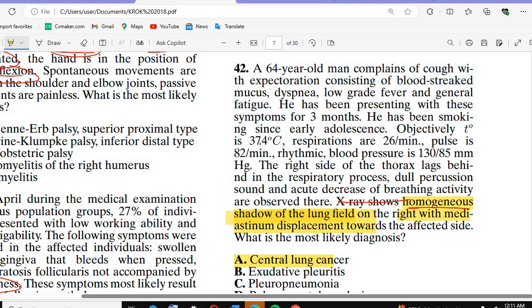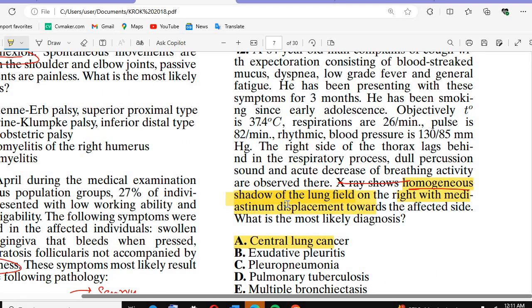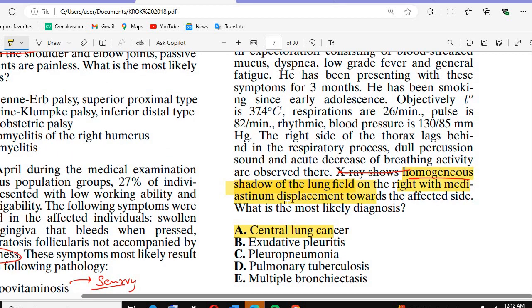Other findings given in the question can be seen in both peripheral and central lung cancer. One thing I have realized is that whenever they mention central lung cancer, they don't mention pulmonary in the options. So this can be the trick. You can follow these tricks whenever you're practicing questions, and you can do more than I am doing.